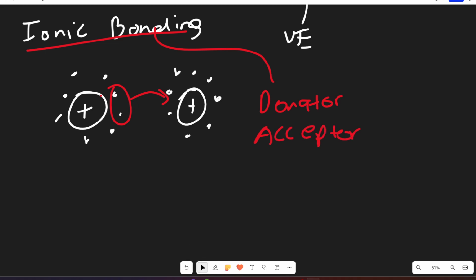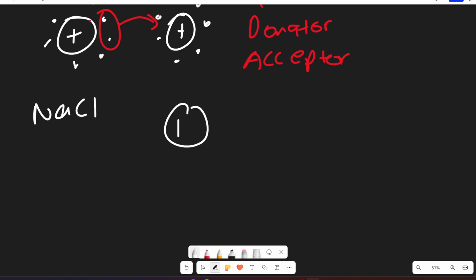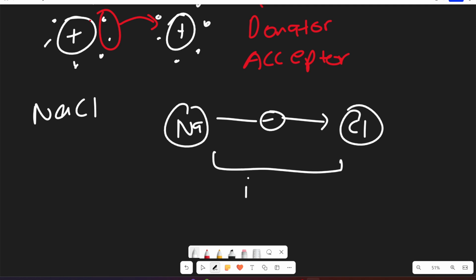If we take a pretty common ionic compound, let's say for example NaCl, essentially how this works is that an Na atom is going to be donating, we'll just say that's an electron, it's going to be donating an electron to the Cl atom, and this is what creates that ionic bond.